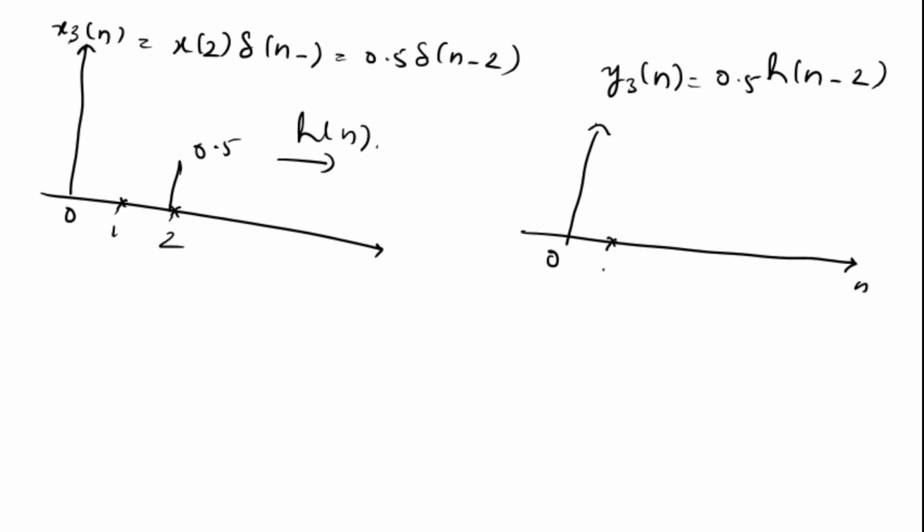At 2 it is 0.5 because we have to multiply it by 0.5. Then it is 0.25. At 4 it is 0.125.